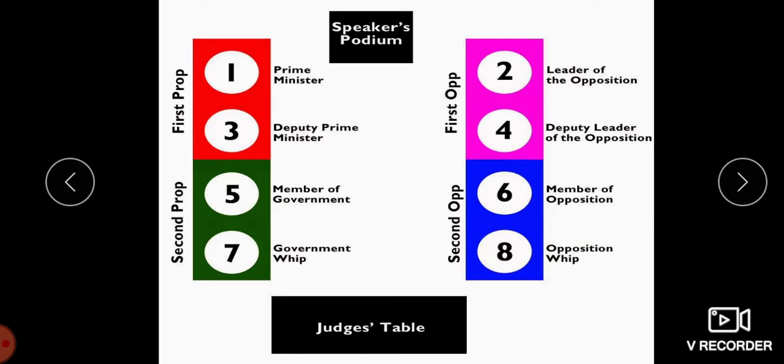Vote of no confidence means if a government acts against the constitutional provisions, it can be voted out of office by passing a vote of no confidence against the Prime Minister or the ministry as a whole or any of its members. In such a case, the whole ministry has to resign.